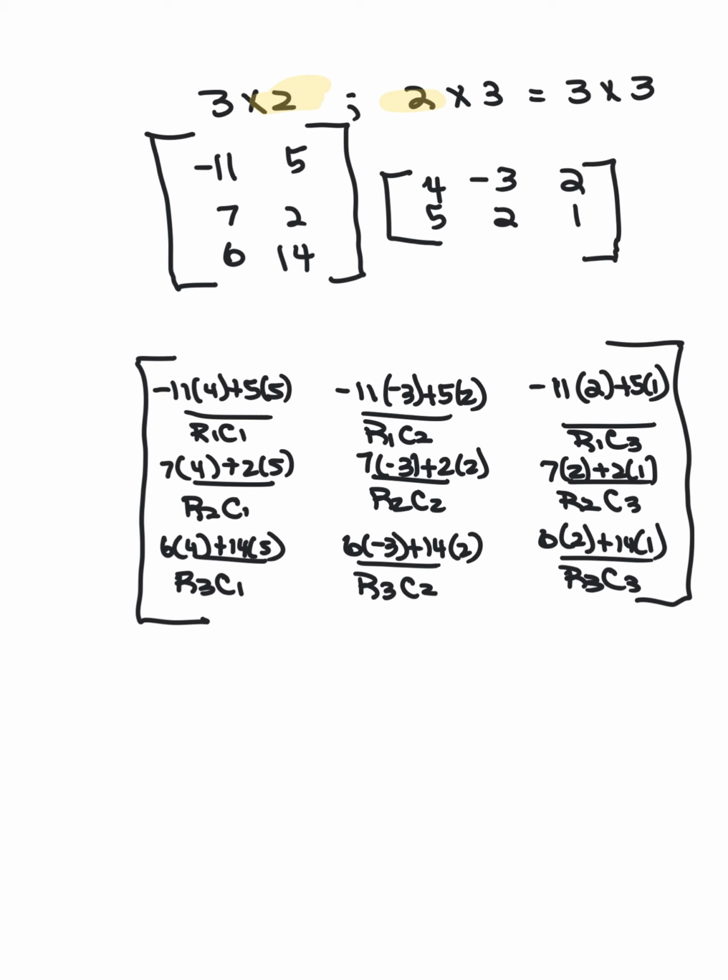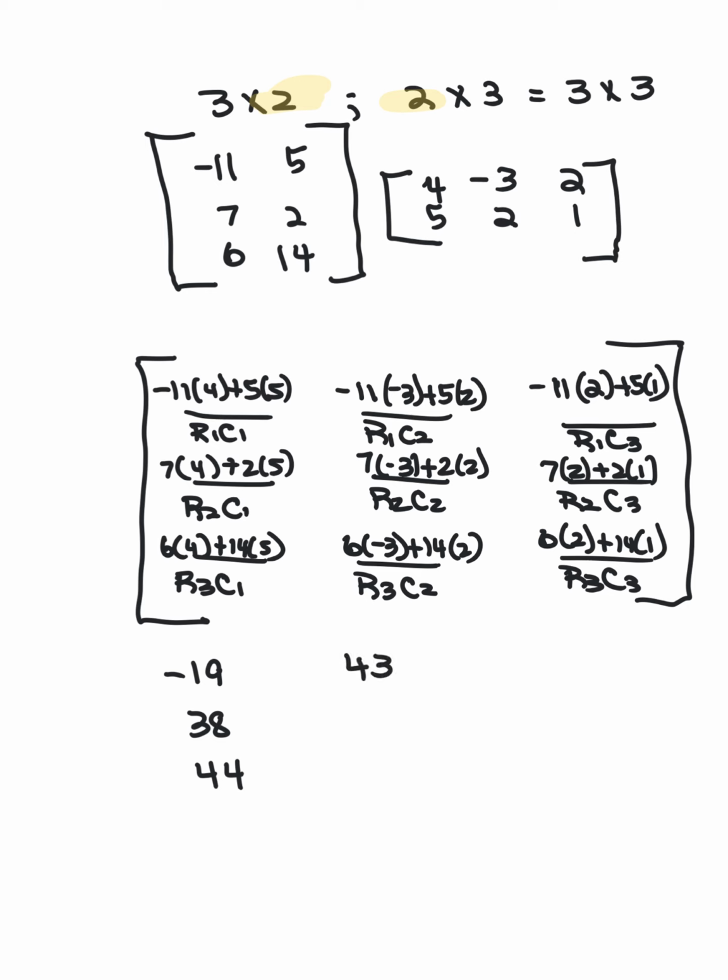I get negative 44 plus 25, which is going to give me negative 19. 28 plus 10 is 38. 24 plus 20 is 44. 33 plus 10 is 43.